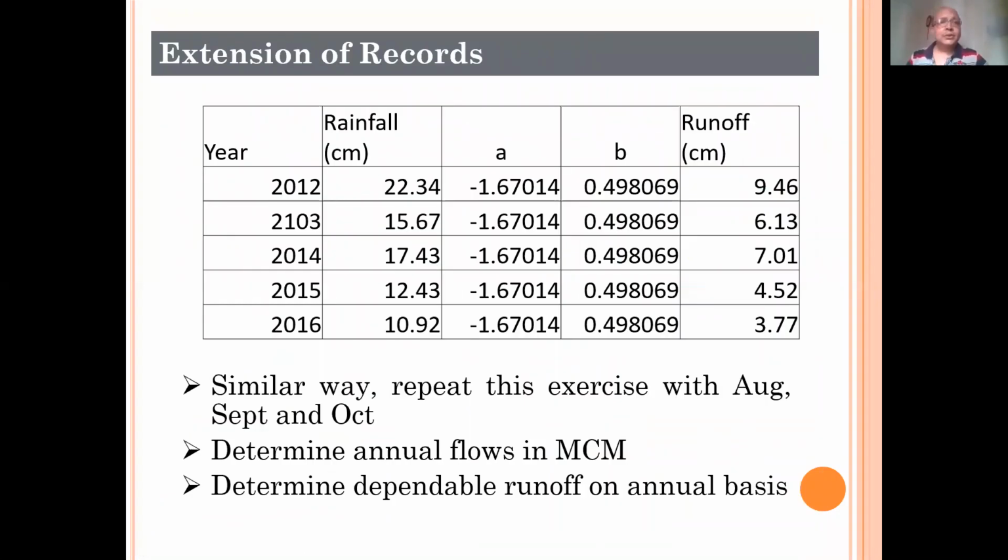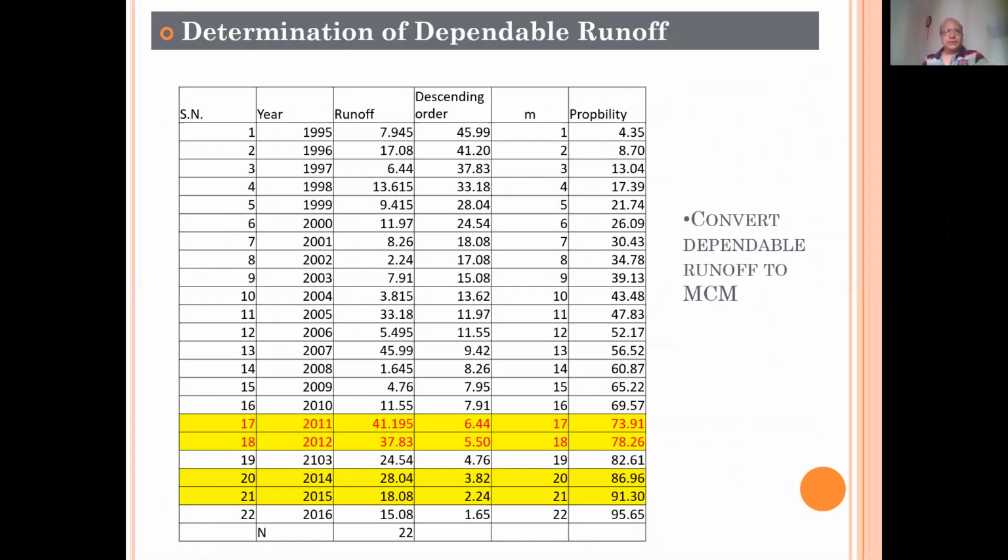Okay. So this is the case of how we can determine dependable runoff. After that, we have determined these runoffs in centimeters. So we again arrange in descending order. Then we assign probability, and then we can determine runoff.